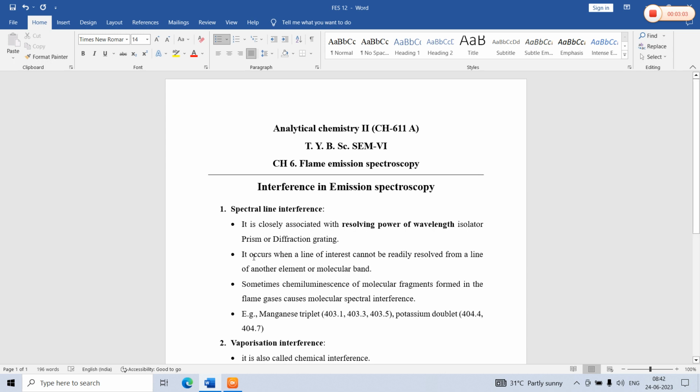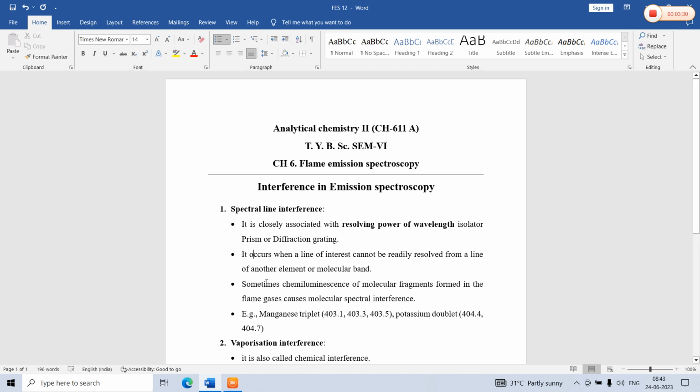Now how does it take place? It occurs when a line of interest, that is the desired line, cannot be readily resolved from a line of another element or molecular band.